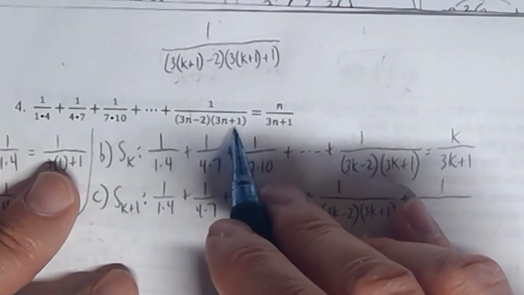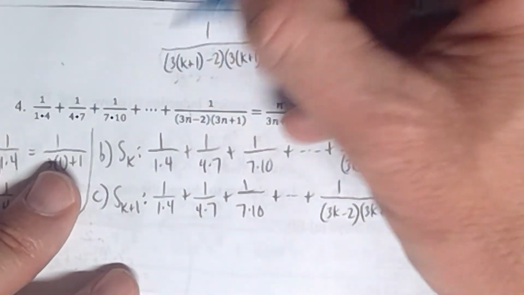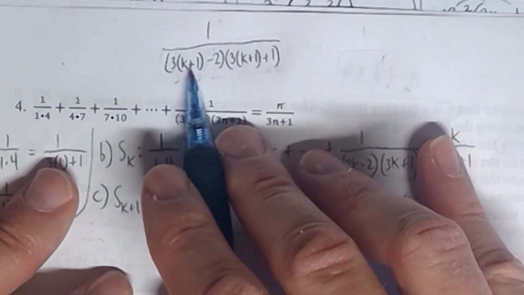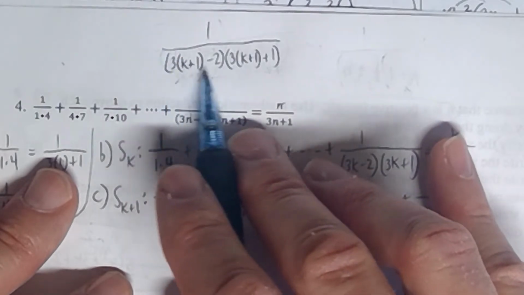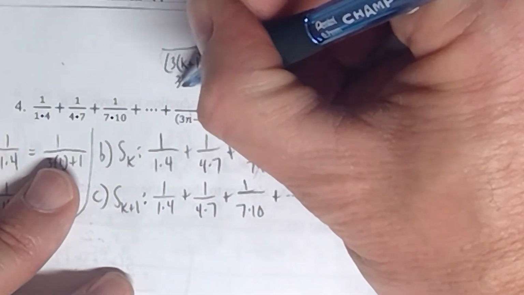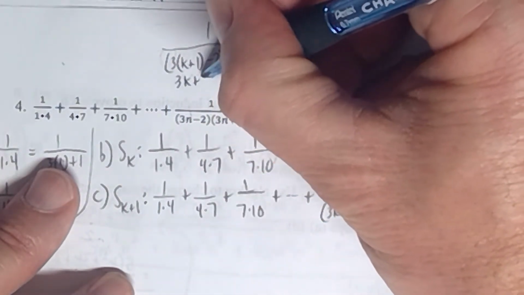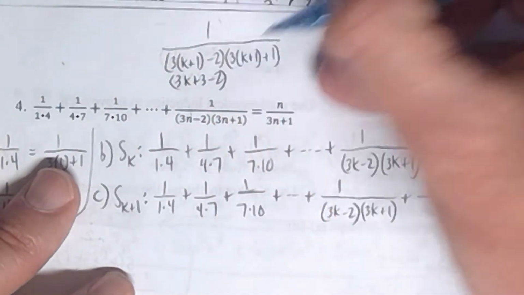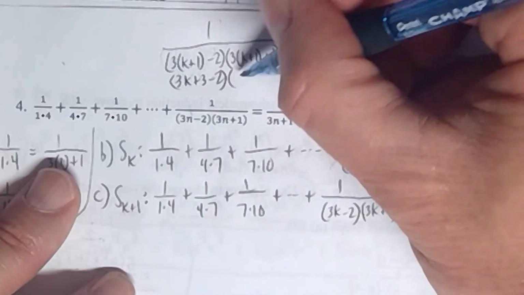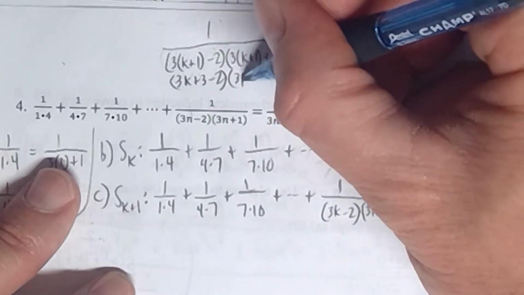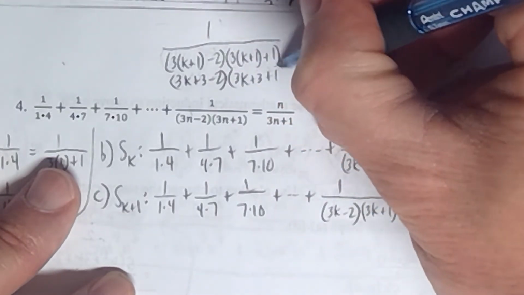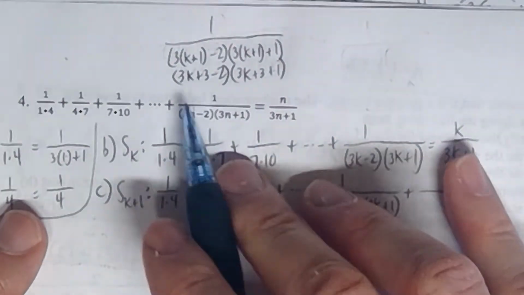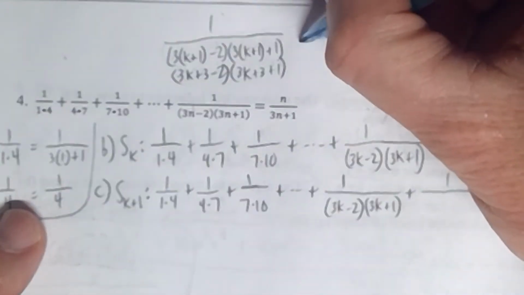So there's that right there. I plugged in the k plus 1 into this. Remember, as I said earlier, when you have a smaller bracket inside of a bigger bracket, you can distribute that out first. So we get 3k plus 3 minus 2 in that first bracket. In the second bracket, I got 3k plus 3 plus 1. Then I can go ahead and combine like terms, just to simplify this a little bit.